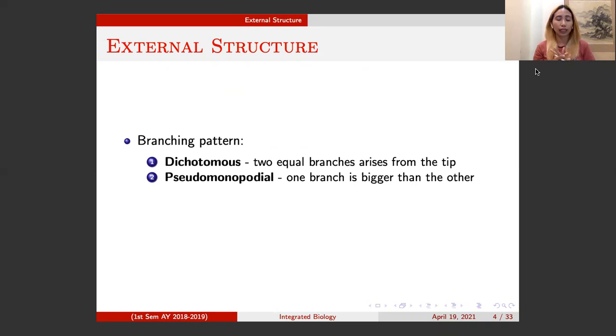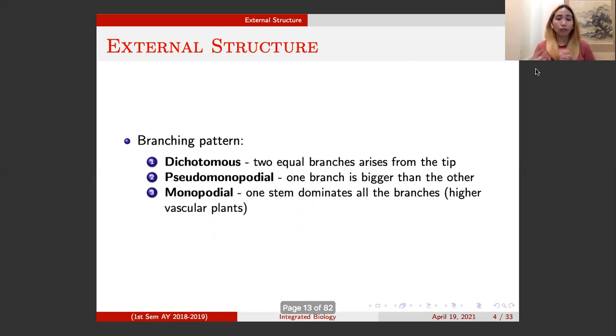You will notice the difference later on in the figure to follow. Okay, so pseudomonopodial is also not found in higher vascular plants, and they are found mostly in lower vascular plants, but pseudomonopodial is a more advanced evolution of the dichotomous branching pattern.